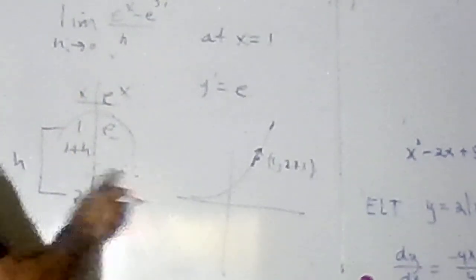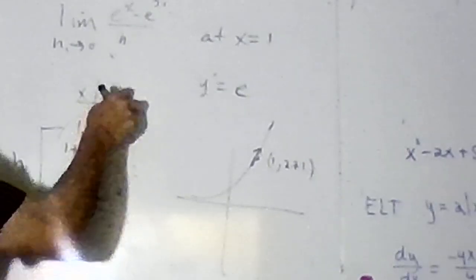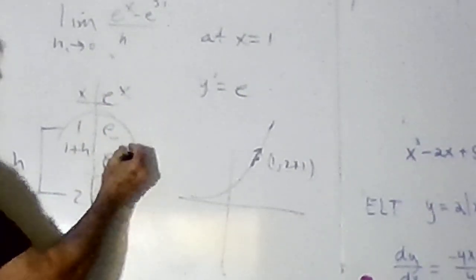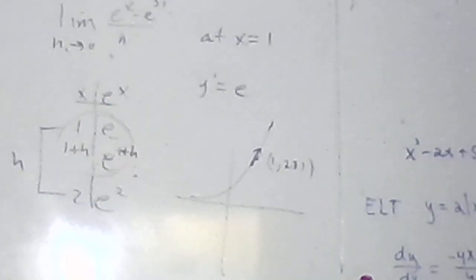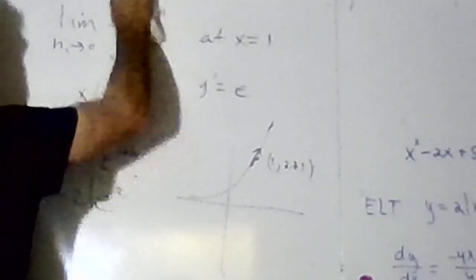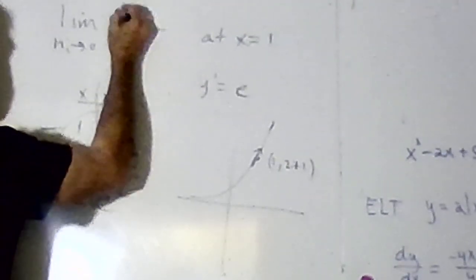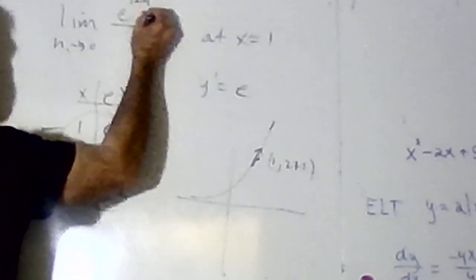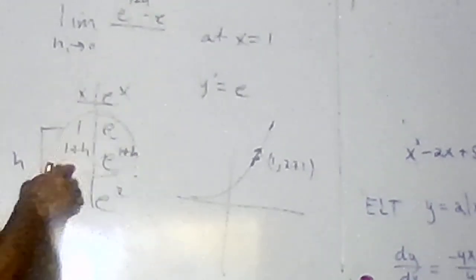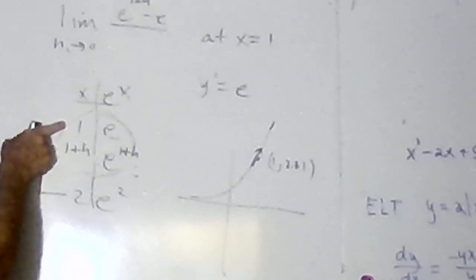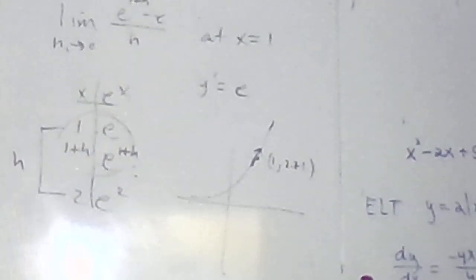And what do we get when we put 1 plus h in for x? We get e to the 1 plus h. All right, so we can change this to e to the 1 plus h minus e, and we have 1 plus h minus 1, just h. And that's another way to express the derivative of e to the x at x equals 1.